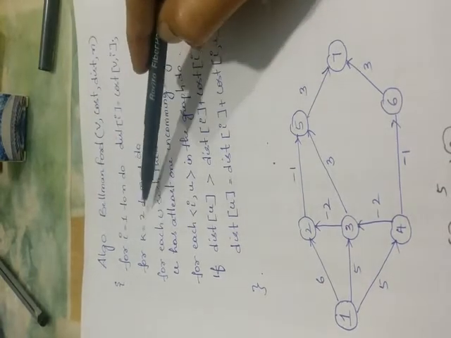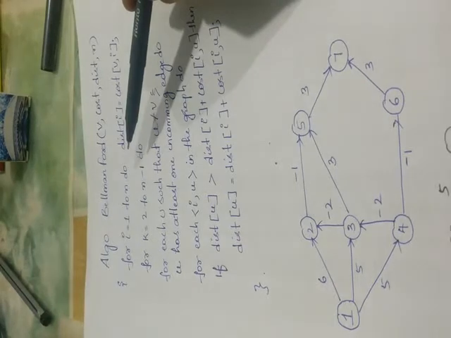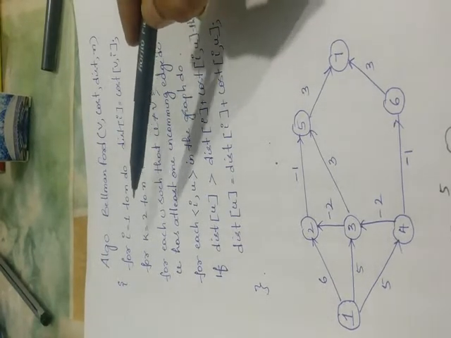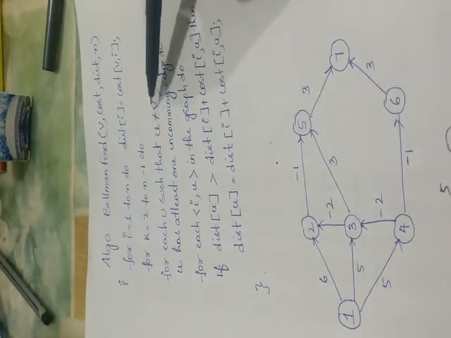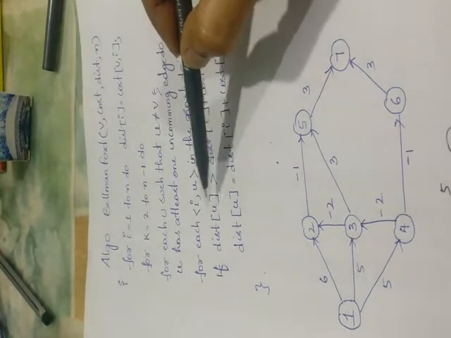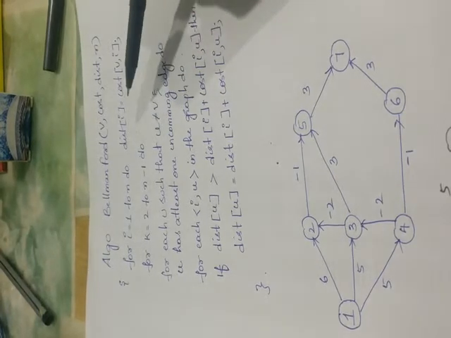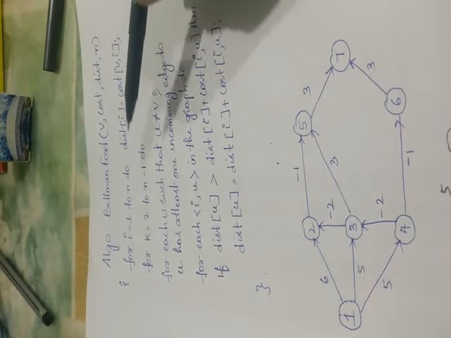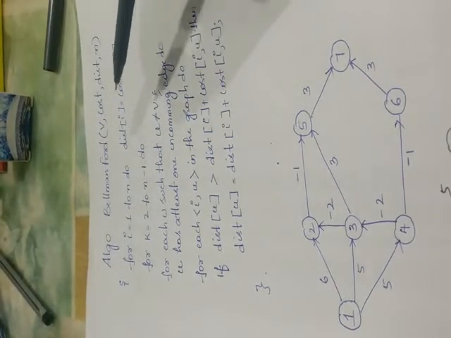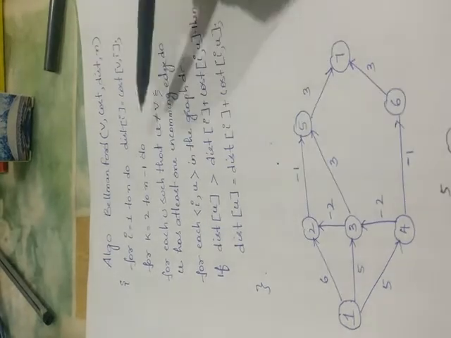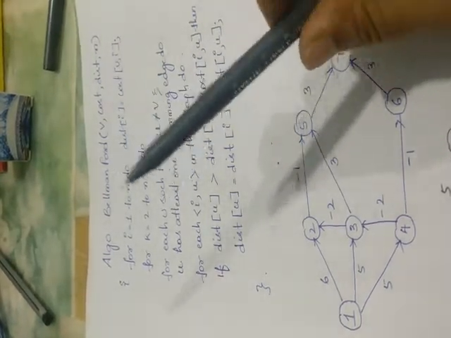Next, for k equal to 2 to n minus 1, for all the edges, what we will be doing is, for each u such that u is not equal to v. That means from u to v, if I am considering the edge, u should not be equal to v. That is the way I am going to consider. u has at least one incoming edge, and if that particular u has at least one incoming edge, we will be using this formulation.